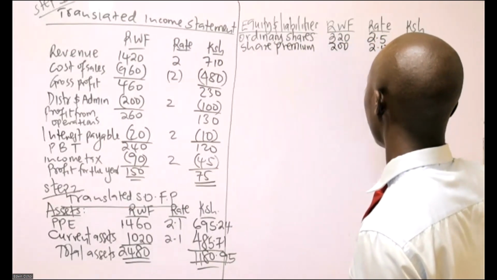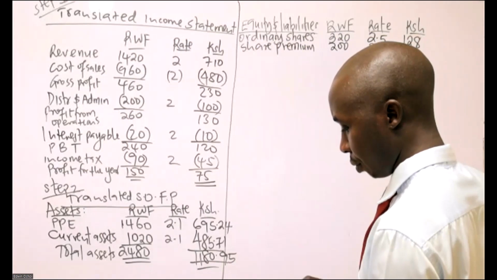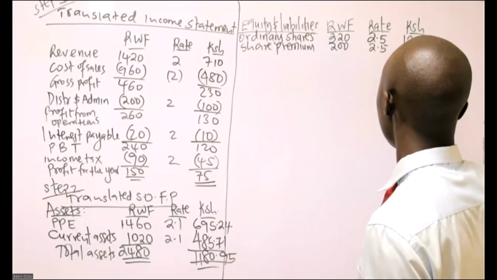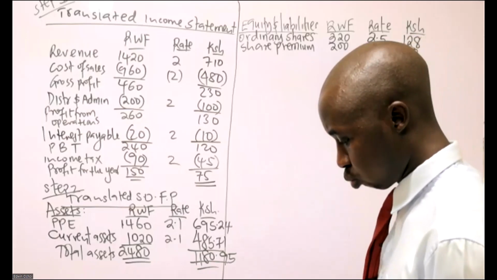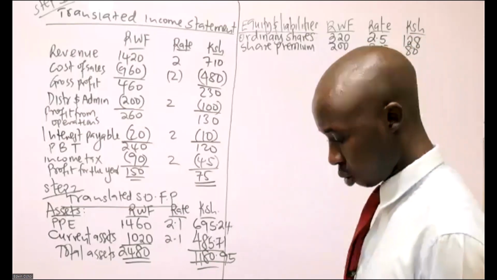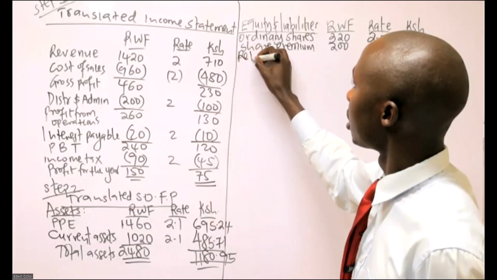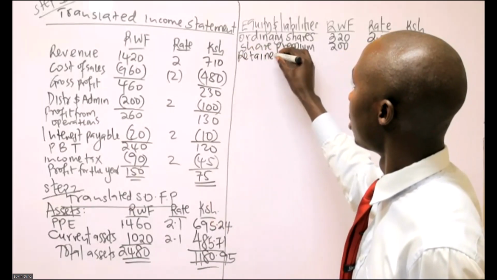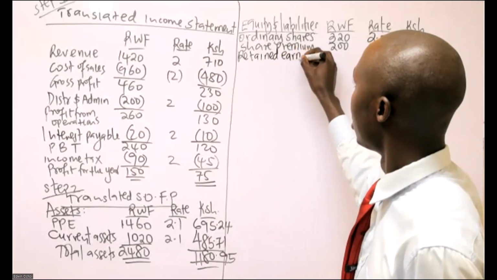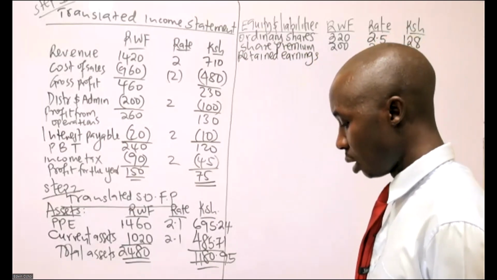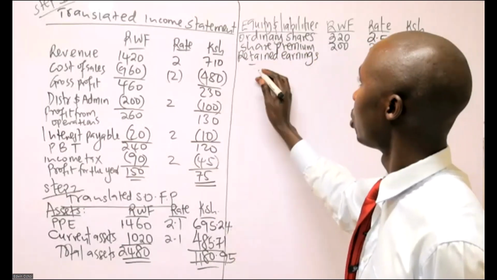You divide 2.5. This is 80. Then the next item is the retained earnings. So retained earnings, this one you separate it into two.